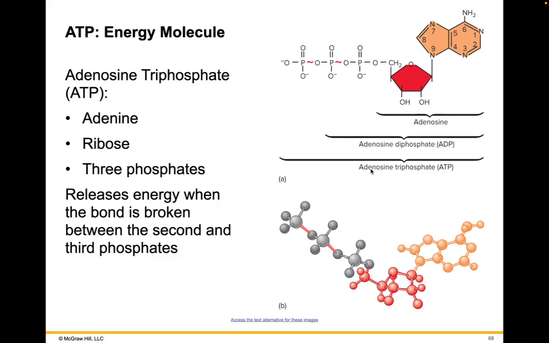So if you want to go from adenosine triphosphate, ATP, to ADP, what do you do? You just remove a phosphate. And that's exactly how we use ATP, for energy. We release energy that's found in this bond between the terminal end phosphate, the 3rd phosphate, and the 2nd. So we're going to break that bond right there, and that allows the cell to do work.